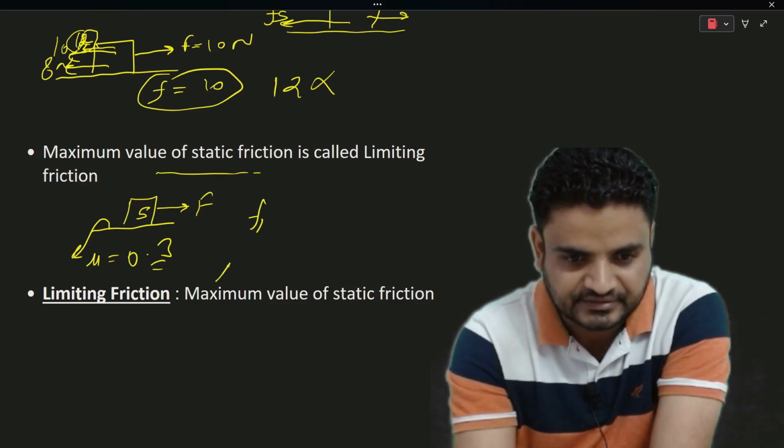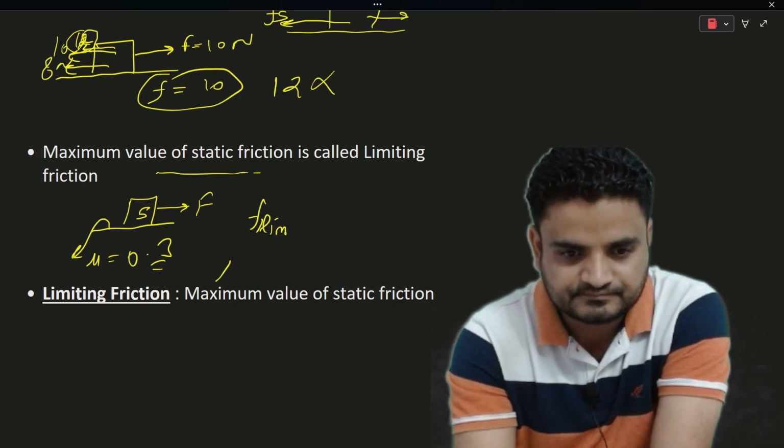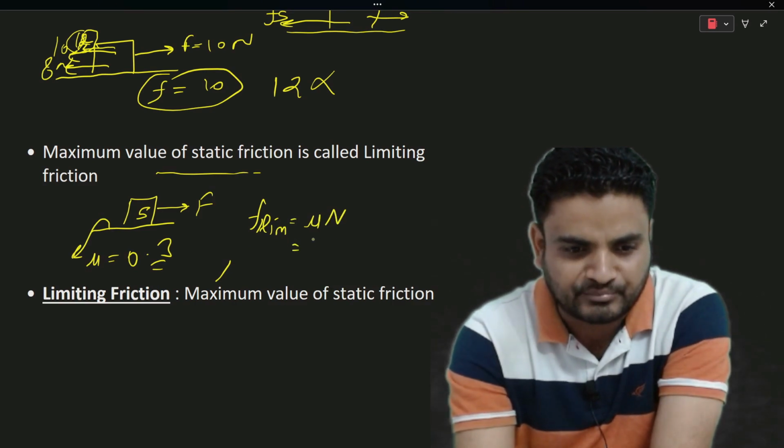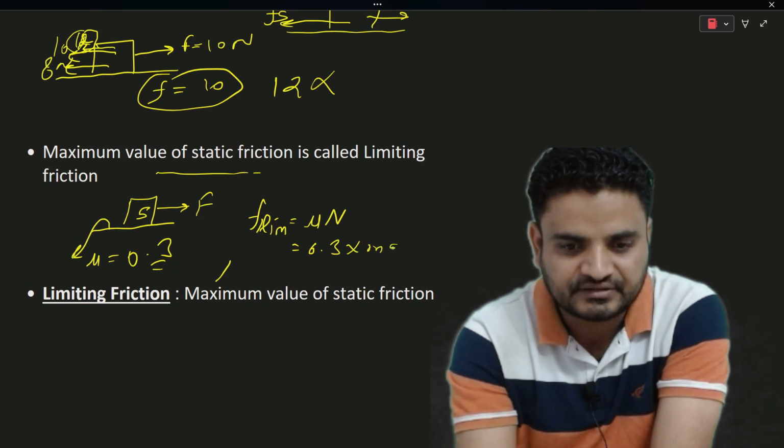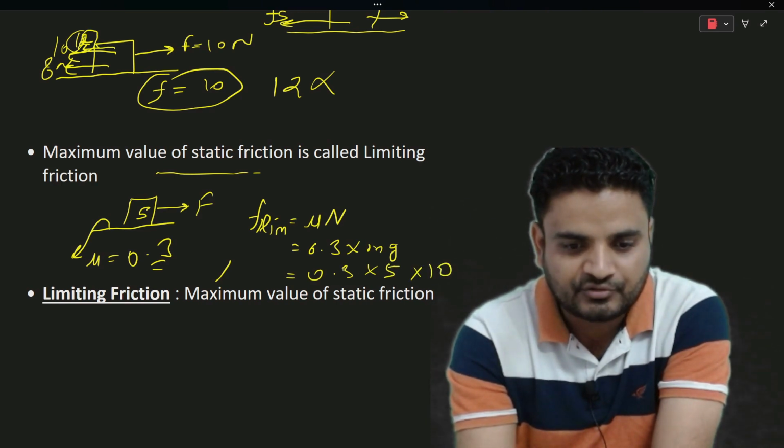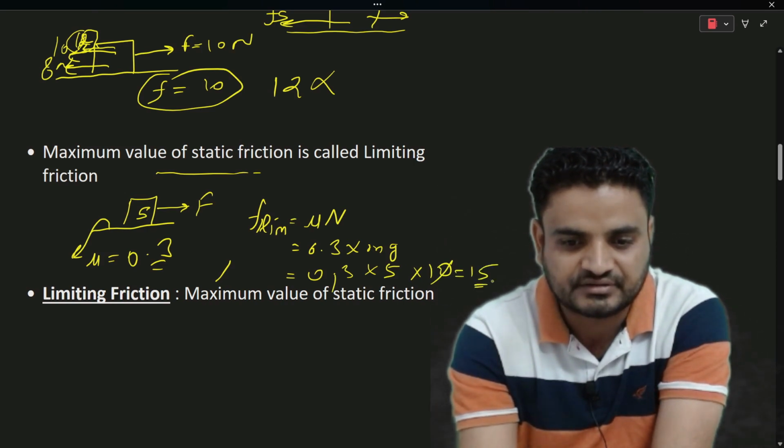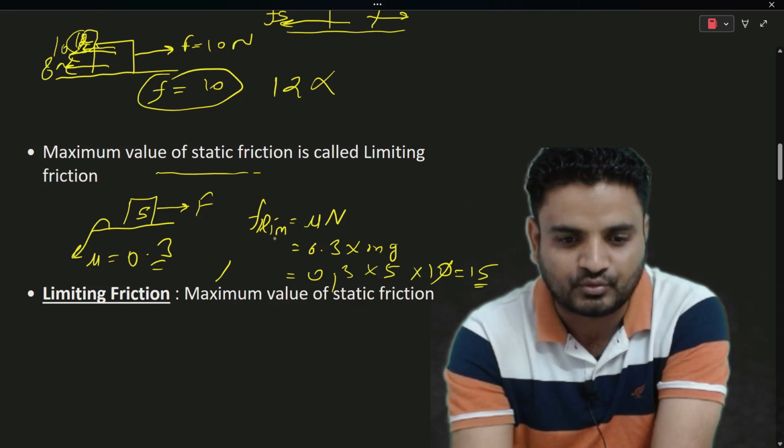So F limiting equals mu N. Here mu is 0.3, N is mg. So 0.3 into 5 into 10. So this point and 0 get cancelled. So the answer will be 15. So the maximum value of static friction is 15.